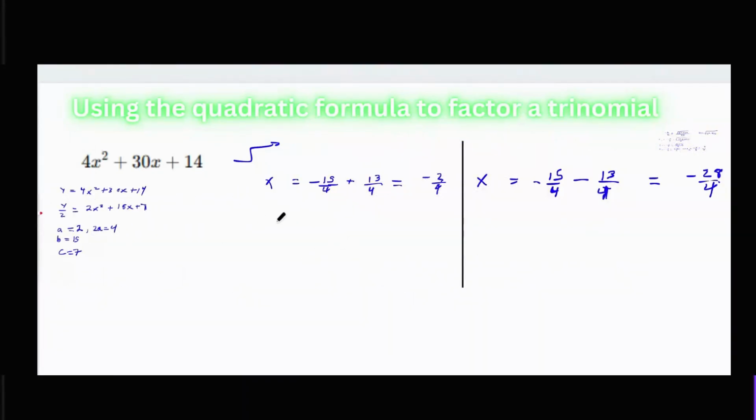So for this one, we're going to have 4x. And over here for the other one. Oh yeah, of course. Now, if it comes out as an integer, you are allowed to.